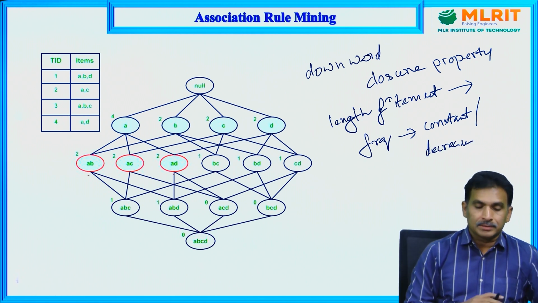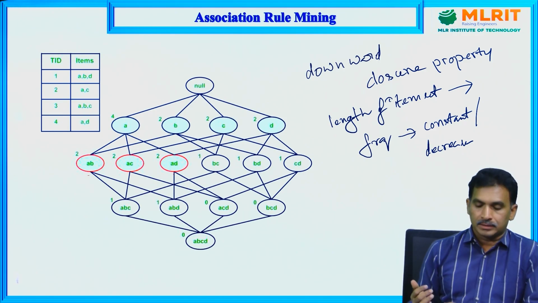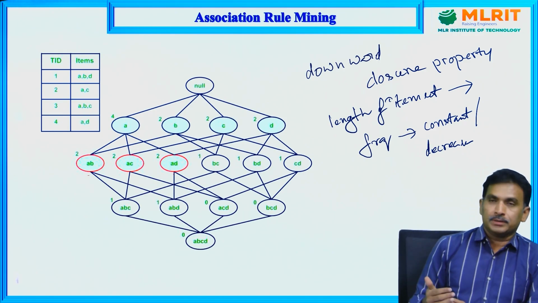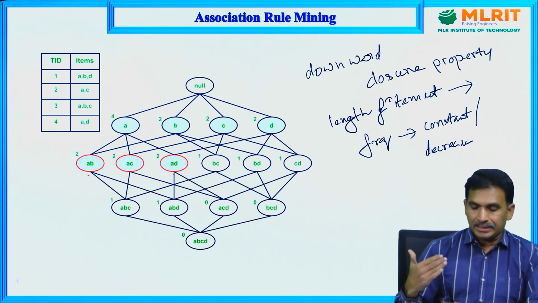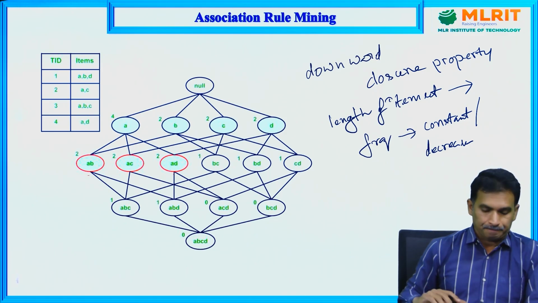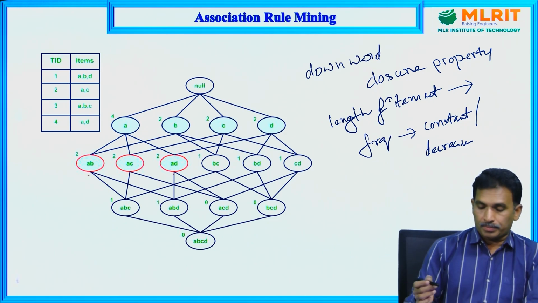The frequency of that item set remains constant or decreases. It will never increase. So that is the property.